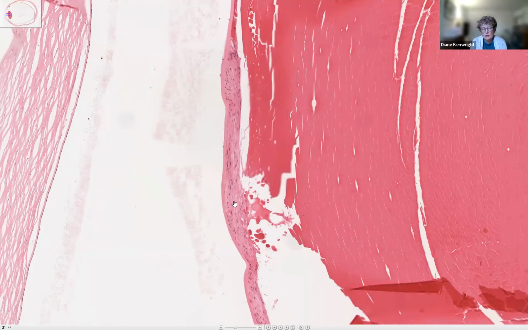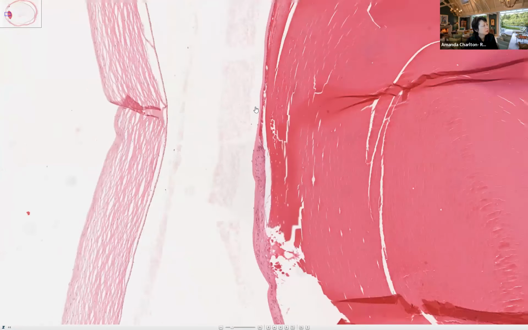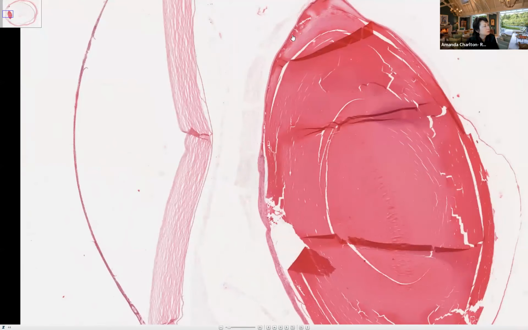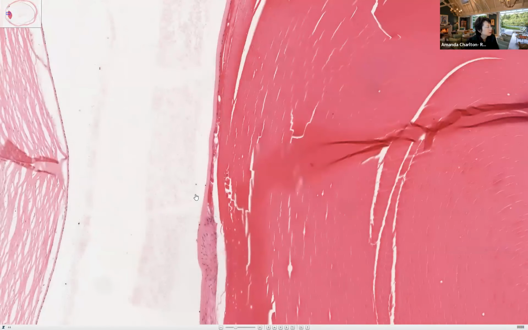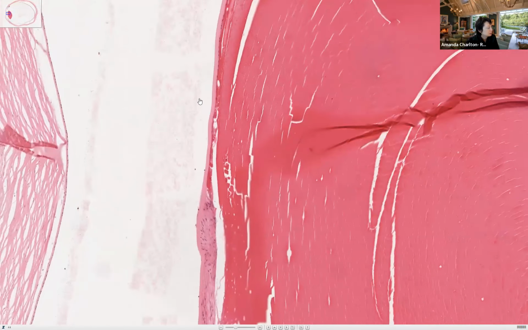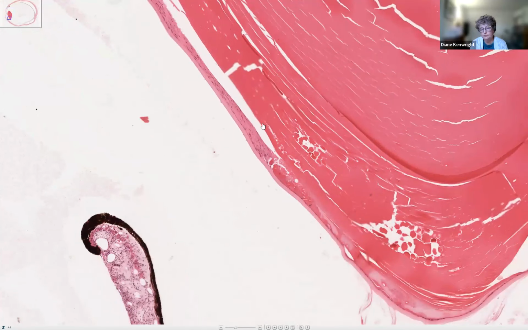That's right. Where have the epithelial cells gone, Amanda? Now that's a good question, because I can see this lens capsule, thick lens capsule material, but I don't see any good epithelial cells. No. Where did the fibroblasts come from?